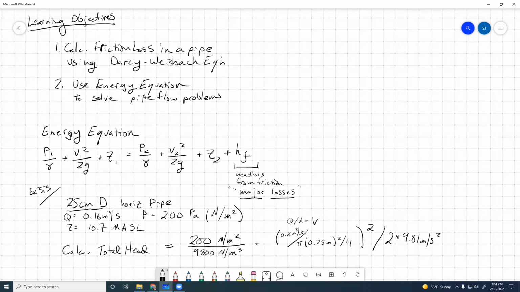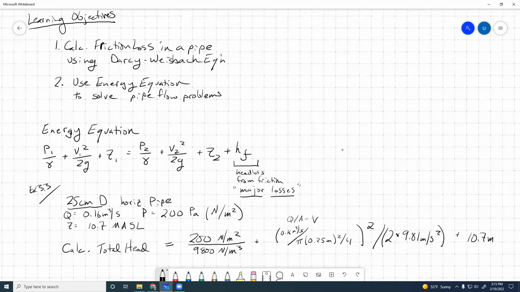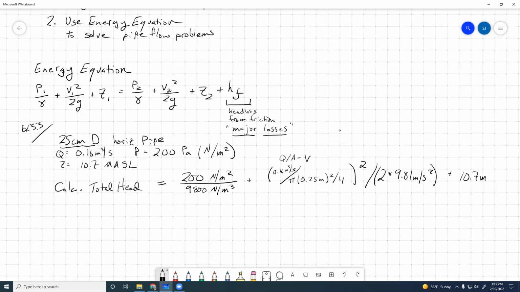Okay, so we got our kinetic energy term, and then we just add our Z. All that should come out to be 11.3 meters.